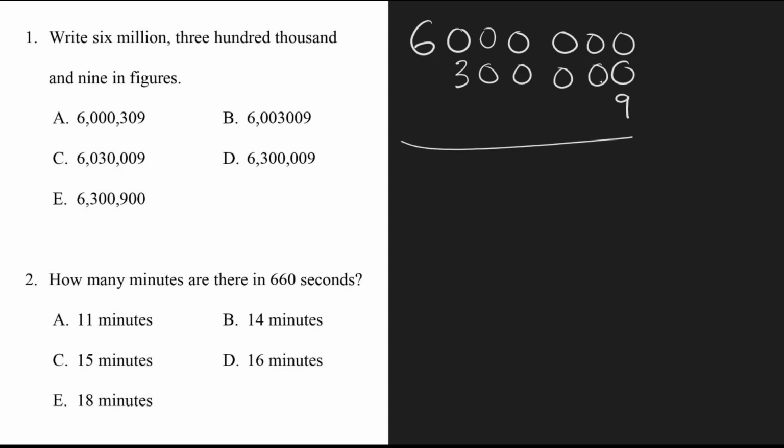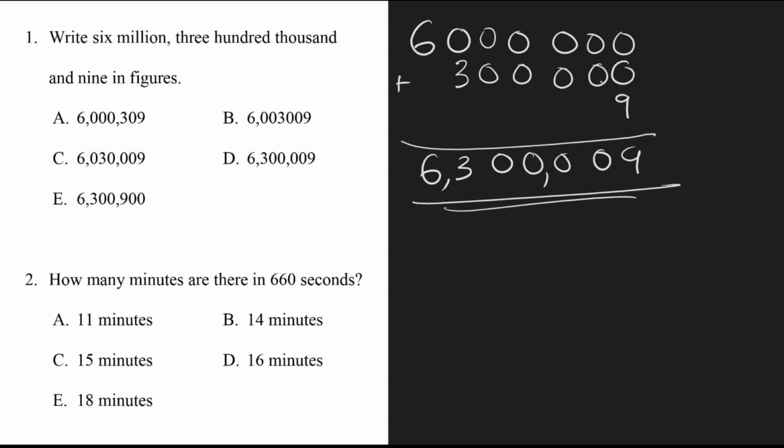Then draw the line and add it. Here we have 9, then 0, 0, 0, 0, 3, then we have 6. So this is 1, 2, 3, 1, 2, 3, right? So this is 6,300,009. So let's check our options. From our options, the answer is D.